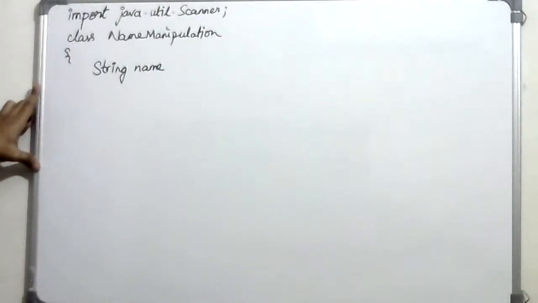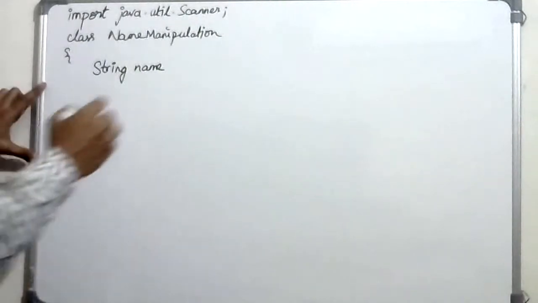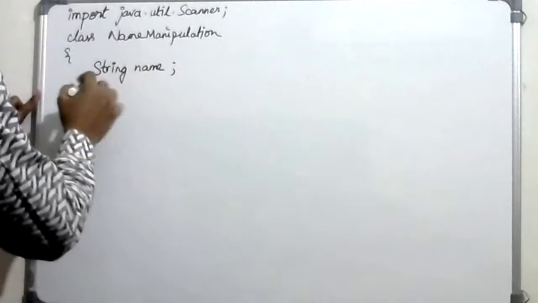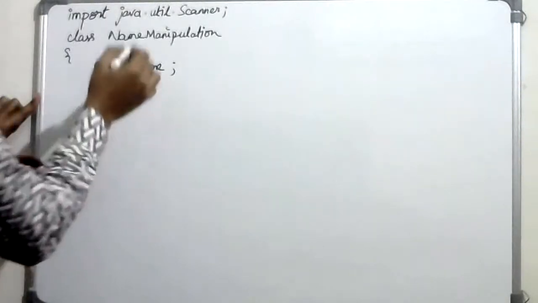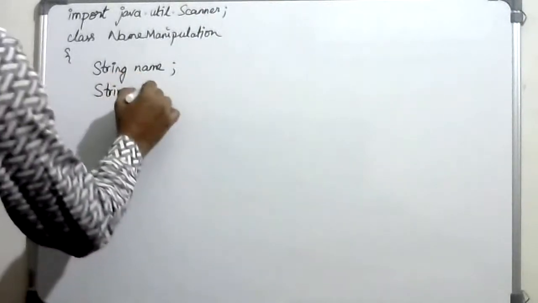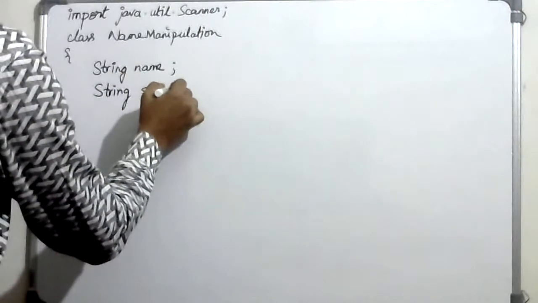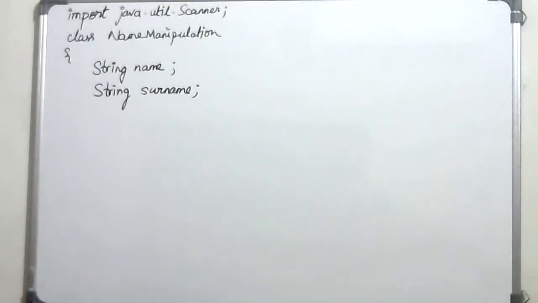Inside the class I have a variable called string name, and I shall have one more variable called surname to store the surname that I am going to extract from the name. So I have two variables, string name and string surname.